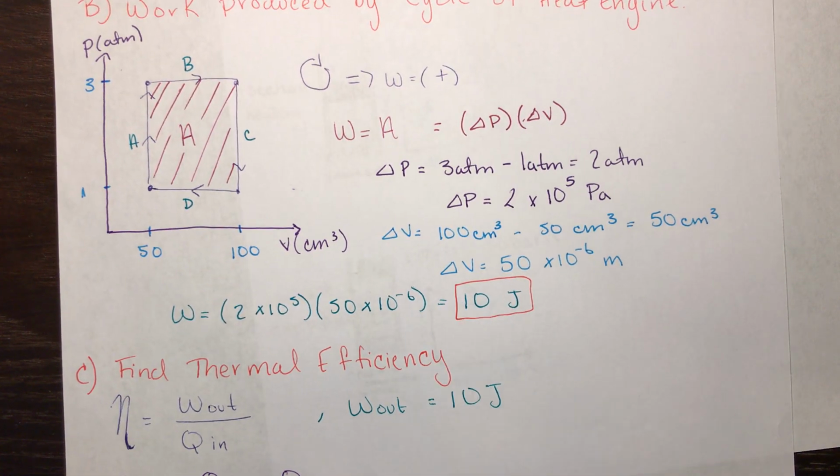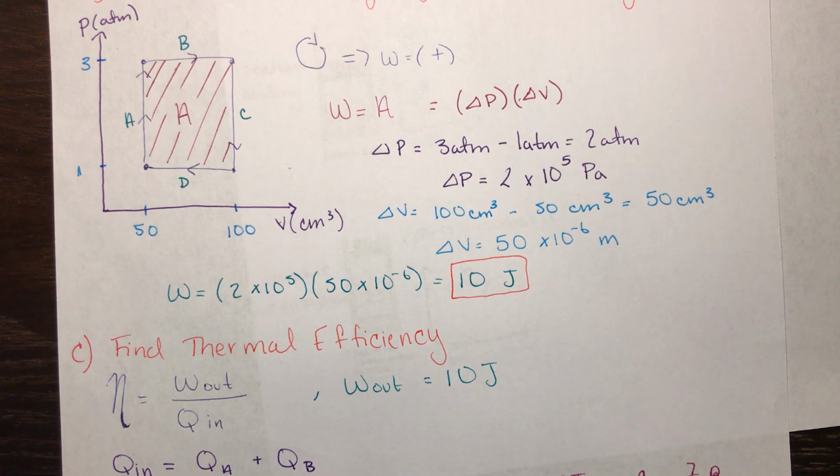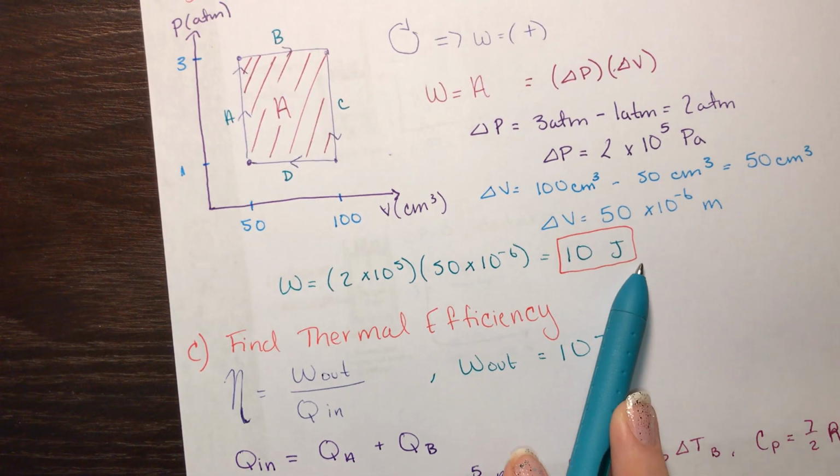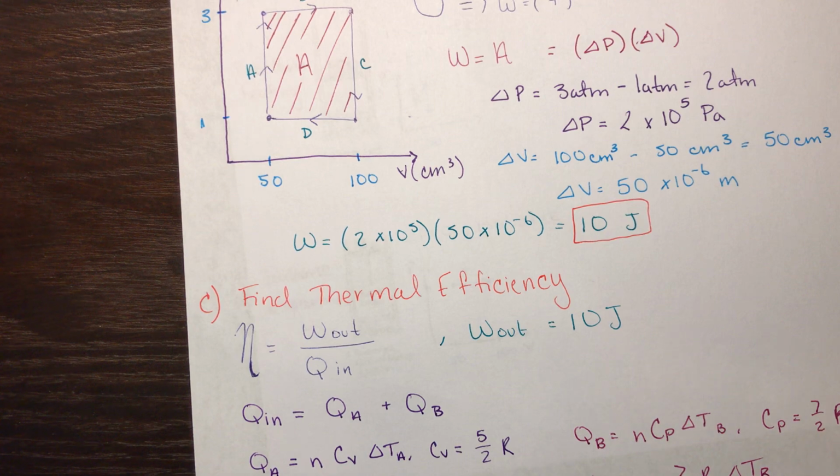We have 100 centimeters cubed minus 50 centimeters cubed is equal to 50 centimeters cubed. Converting that to meters cubed, our change in volume is 50 times 10 to the negative 6. We simply multiply our change in pressure and our change in volume, and we get that the work done or produced by the heat engine is 10 joules.